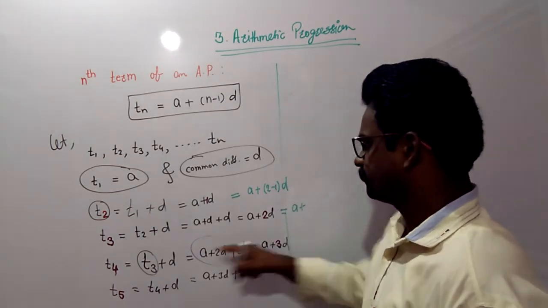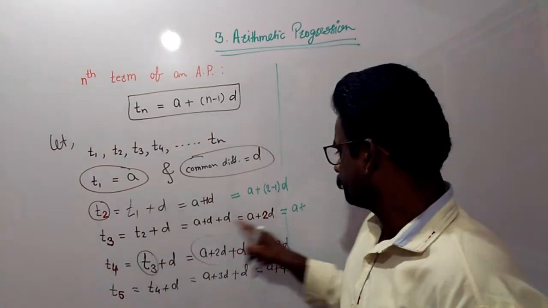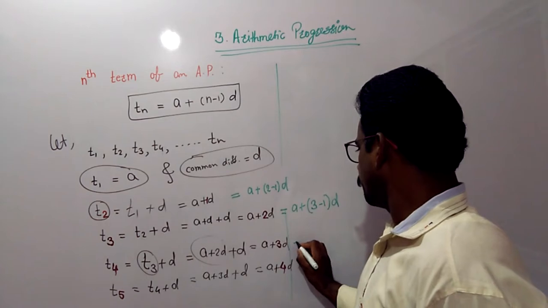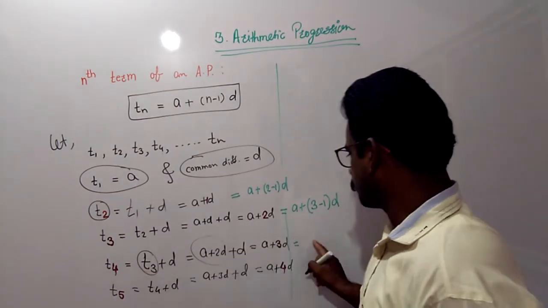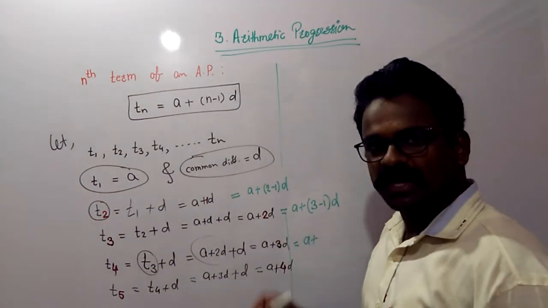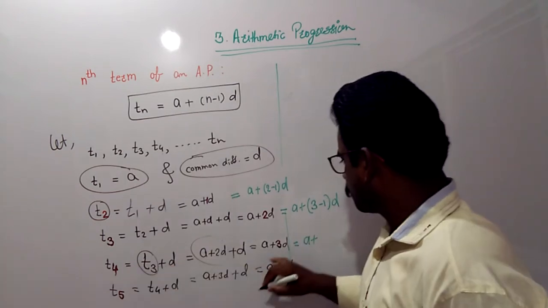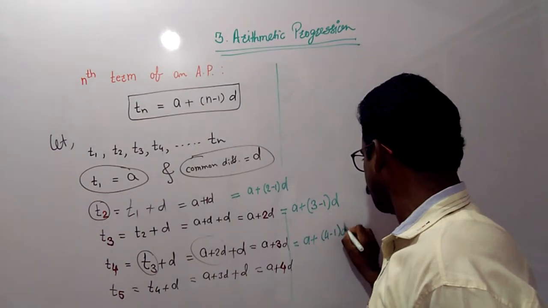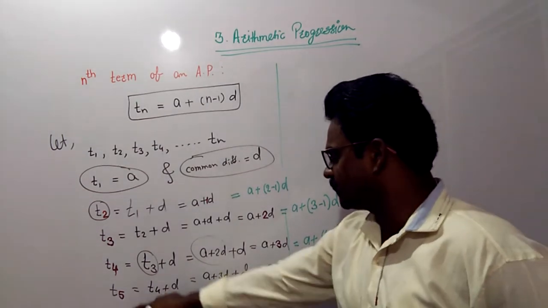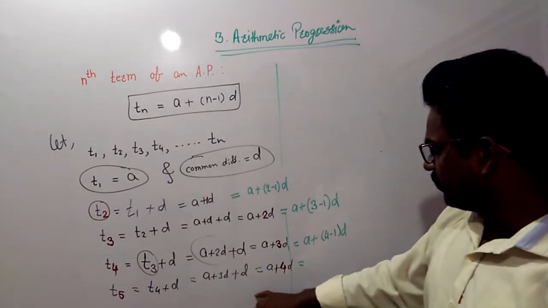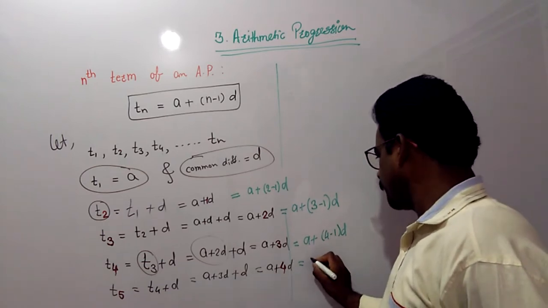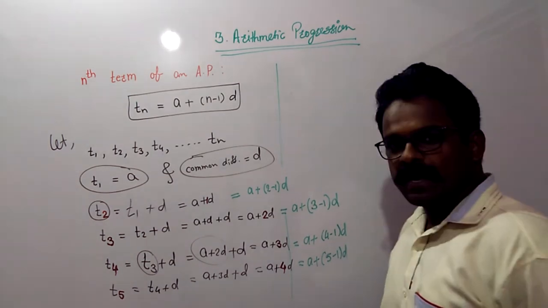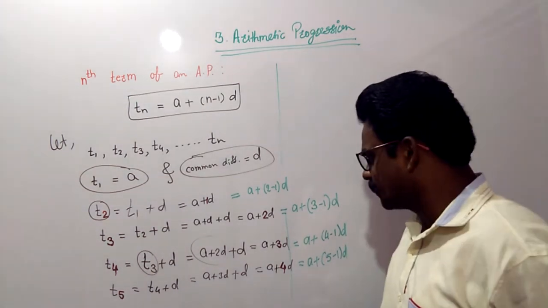A plus, third term is 2d, that means (3 minus 1) into d. T4 is equal to a plus 3d, that means a plus (4 minus 1) into d. Fifth term will be a plus 4d, that means a plus (5 minus 1) into d.